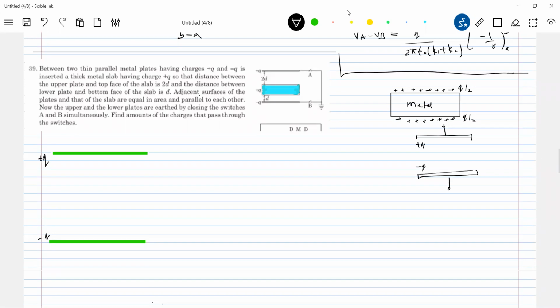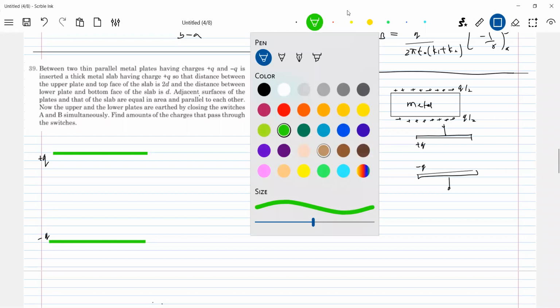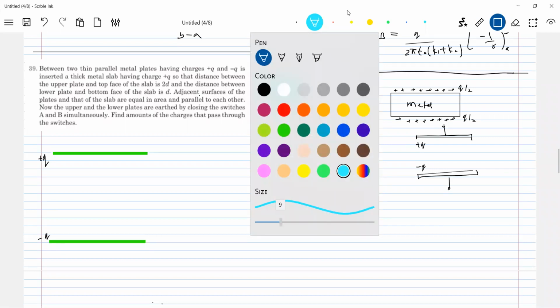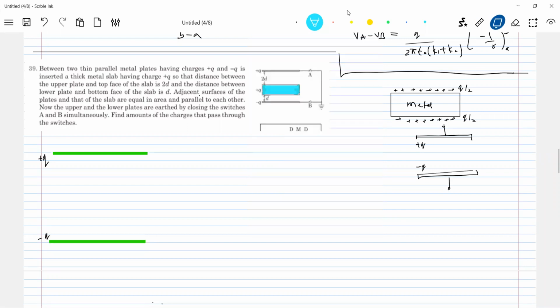The moment I bring the metal plate, any charge induction occurs. Where do I place it? I'll place it near plate B, no?